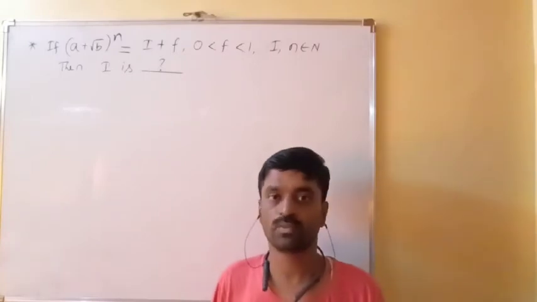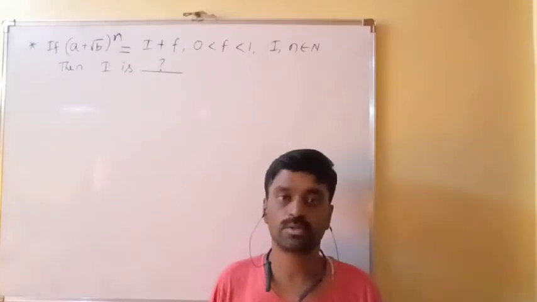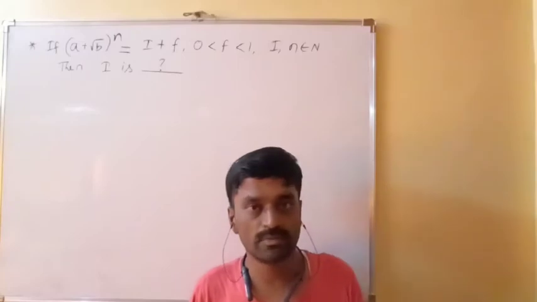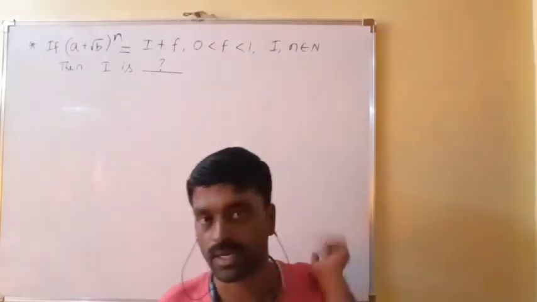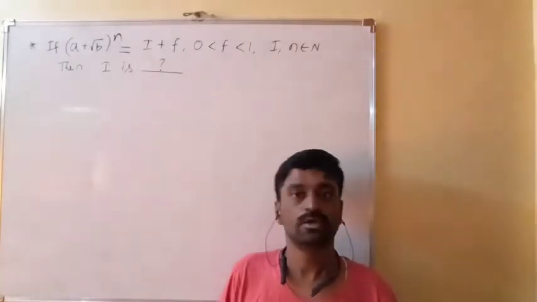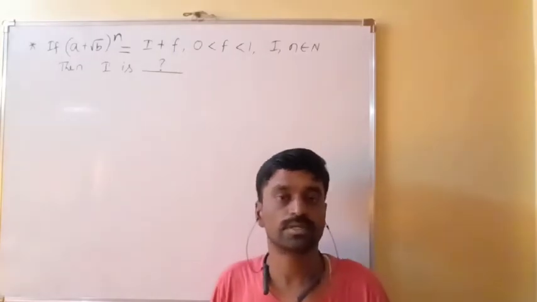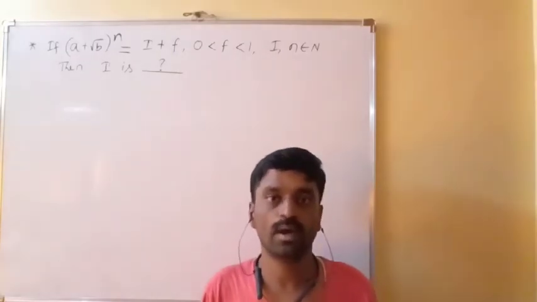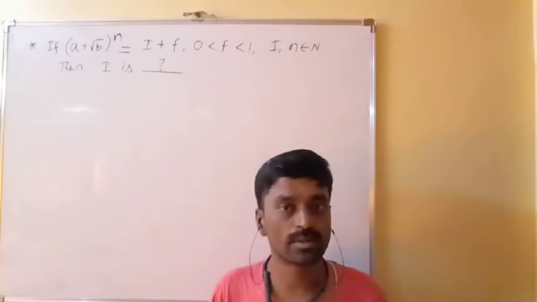See, I'm going to explain one trick. With that trick you can identify whether I is an even or odd integer within 2 seconds. But here two cases will arise, depending on whether a is greater than √b or a is less than √b. So look at the first case.